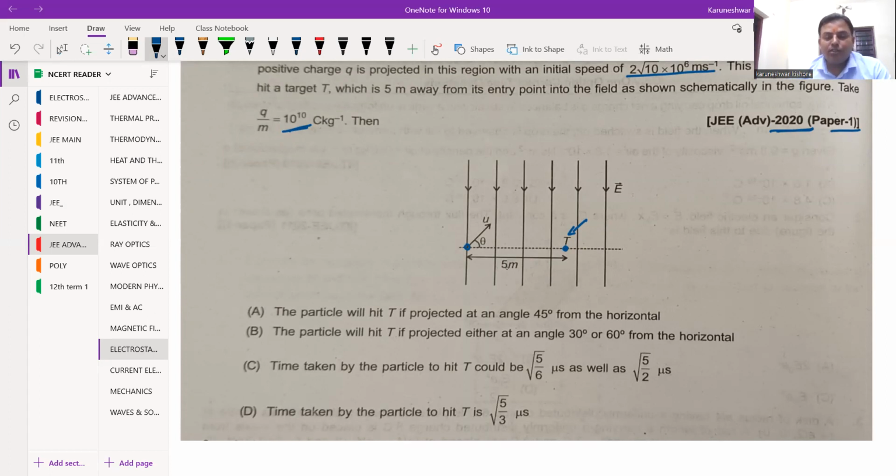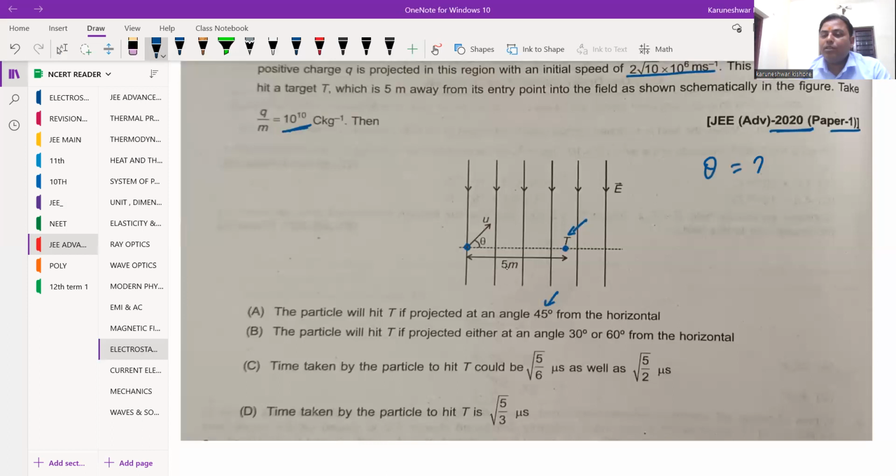The first option says the particle will hit point T, where T is the target, if projected at an angle of 45 degree from the horizontal. So one question is what will be theta.